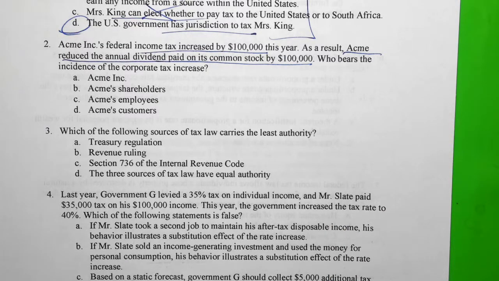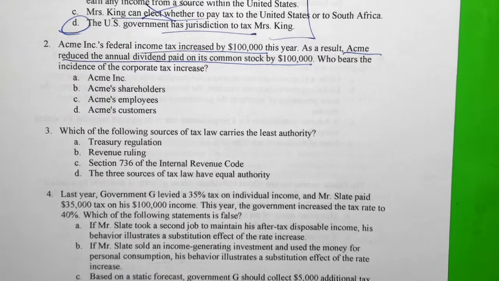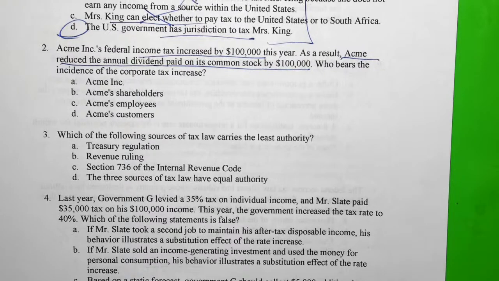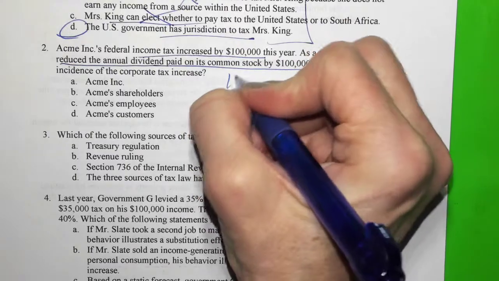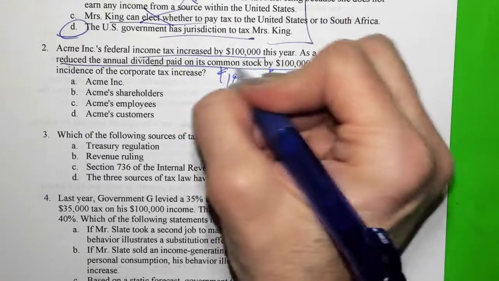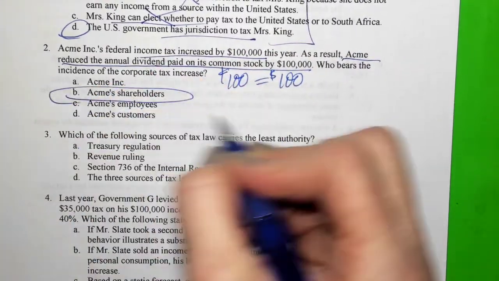So some individual is going to bear the burden. Either they cut the dividend, or they cut wages, or they increase prices to customers, or decrease prices they pay suppliers. In this case, this 100 equals the same 100, and so the shareholders bore the full burden.